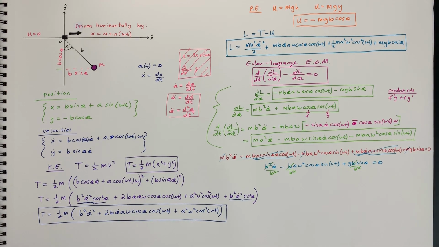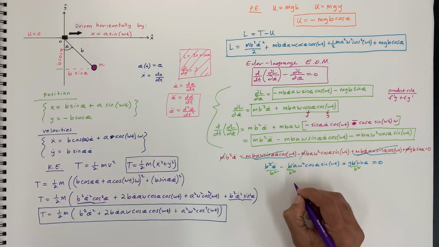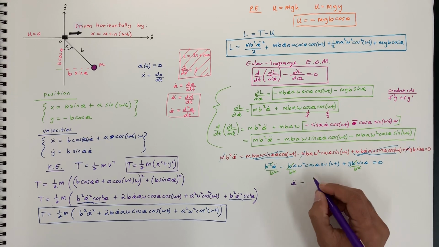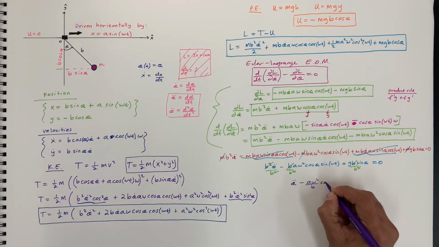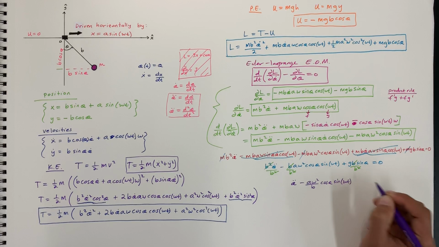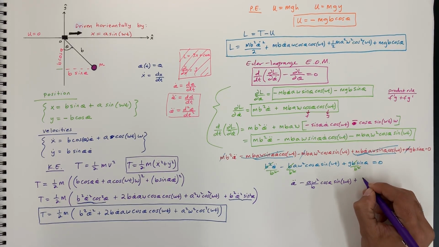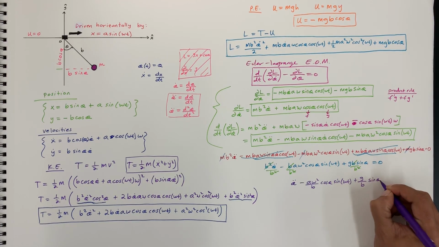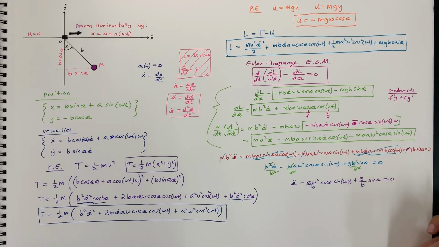All right, so finally we get theta double dot minus a omega squared over b cosine theta sine omega t plus g over b sine theta equal to 0.